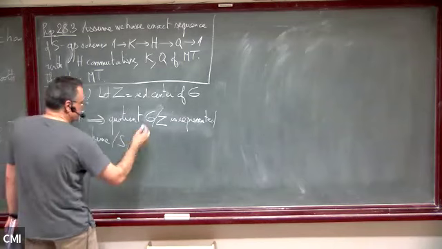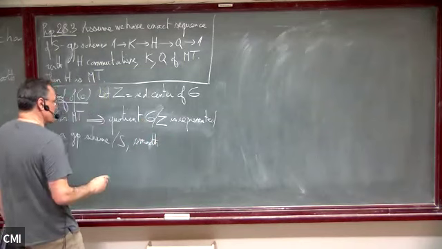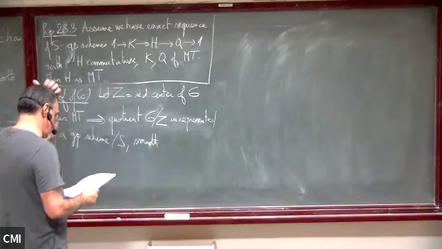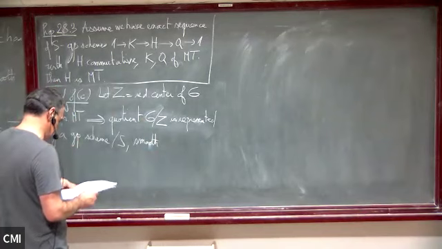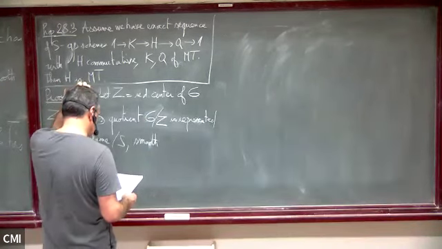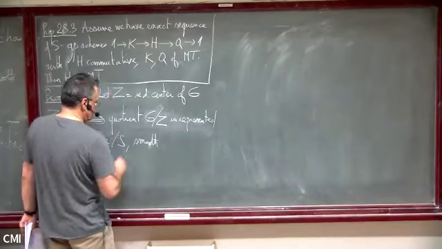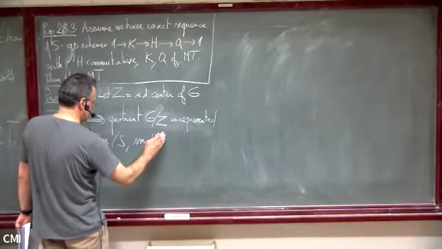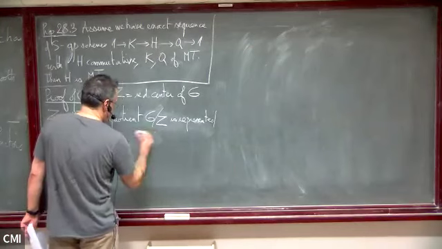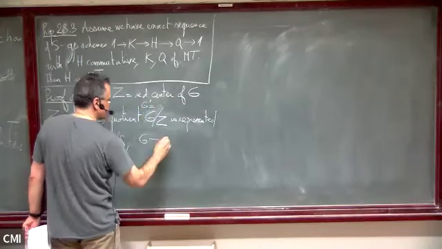And it is smooth. Why is it smooth? Because we have G, and let's call this G prime the quotient.